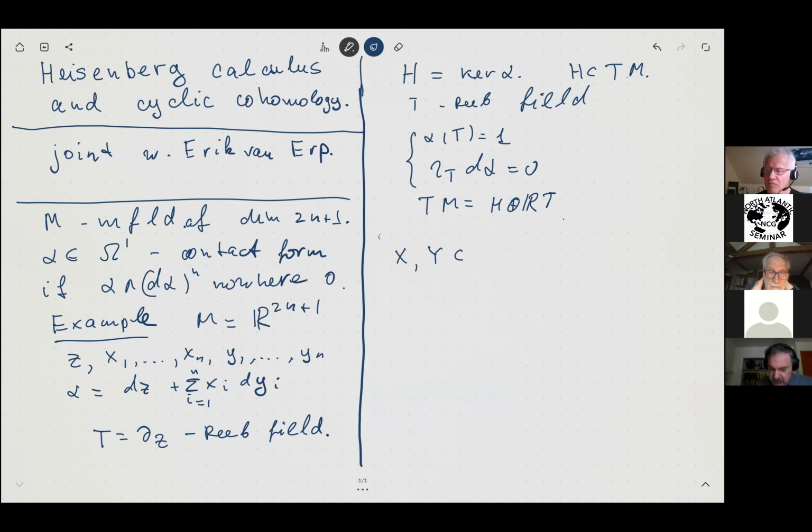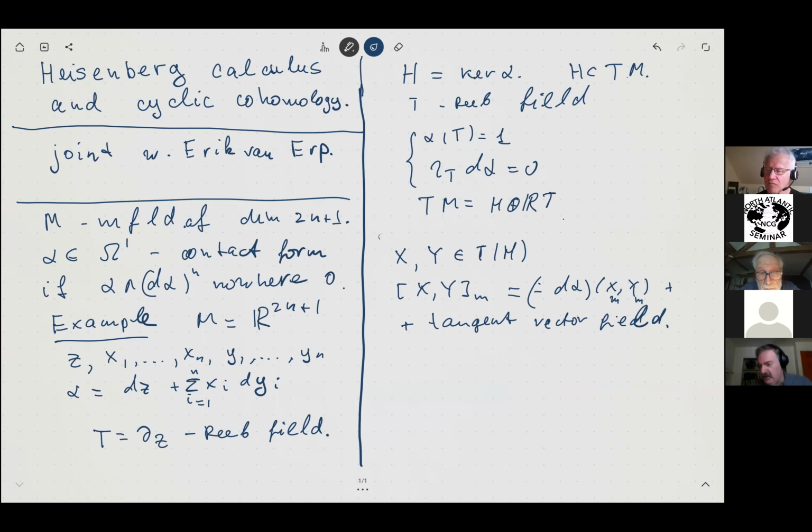If we have two vector fields X and Y which are tangent to the kernel of alpha, then if we compute the bracket at the point m, this can be obtained by evaluating the differential form d alpha on the values of X and Y at the point m, times T, plus a tangent term. Tangent here means tangent to H.